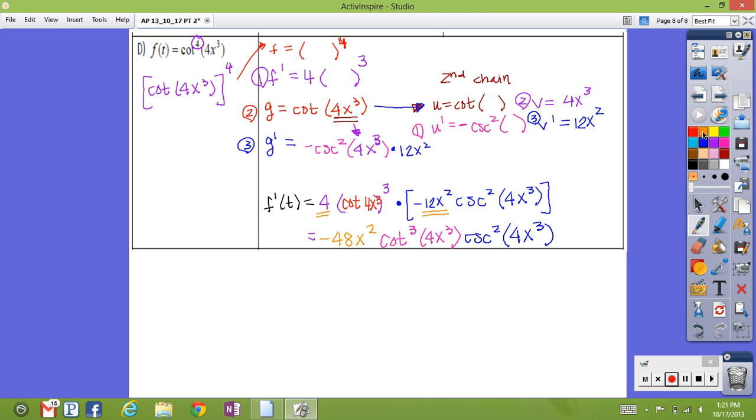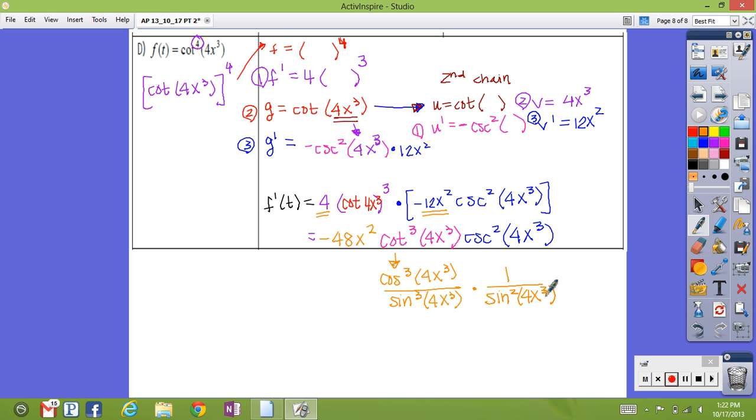If it was multiple choice, you would have to look and see, are they doing anything else to simplify? And what do I mean by that? We potentially could simplify this to cosine cubed of 4x cubed on the top, sine cubed of 4x cubed in the denominator. And this would be 1 over sine squared of 4x cubed.